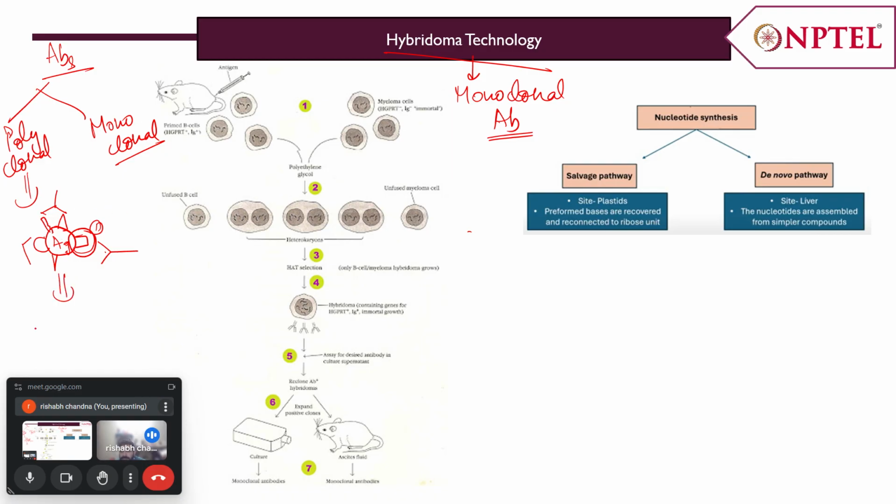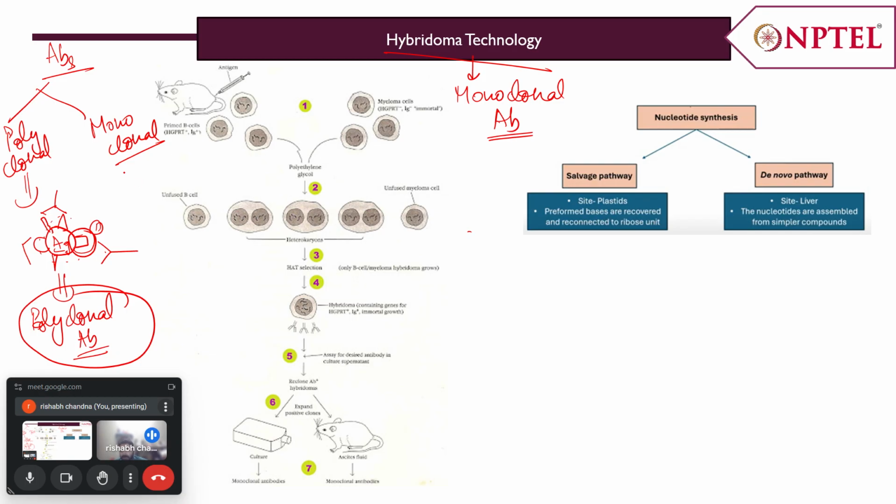That mixture of antibodies will be called a polyclonal antibody, because the antibodies present in this solution are a mixture of antibodies against the epitopes present on this antigen. The antigen is the same, but the antibodies are against different epitopes of the same antigen.